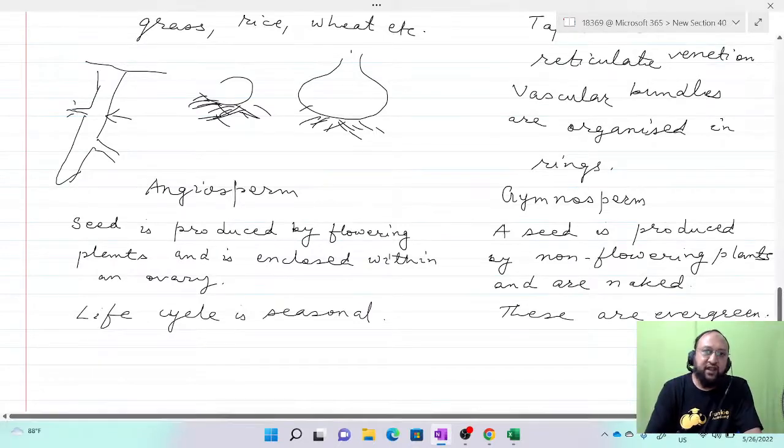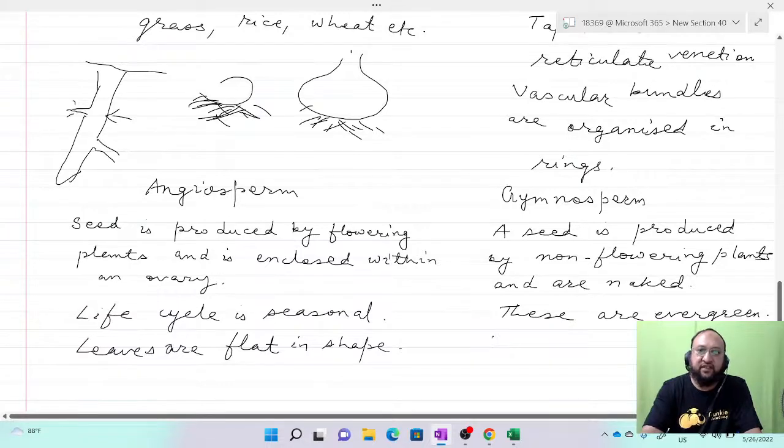In angiosperms, leaves are flat in shape. In gymnosperms, leaves are scale-like and needle-like in shape.